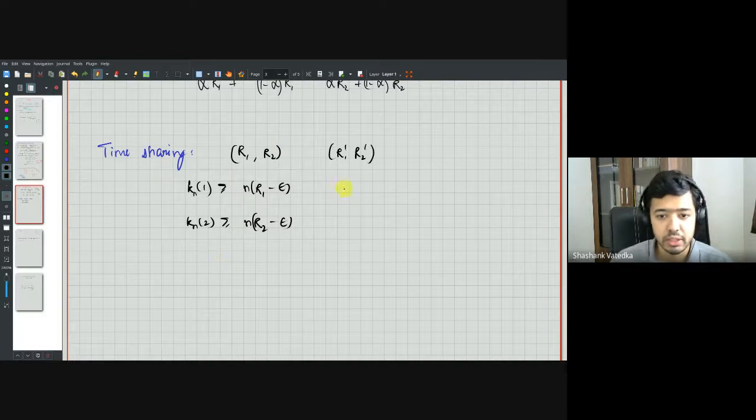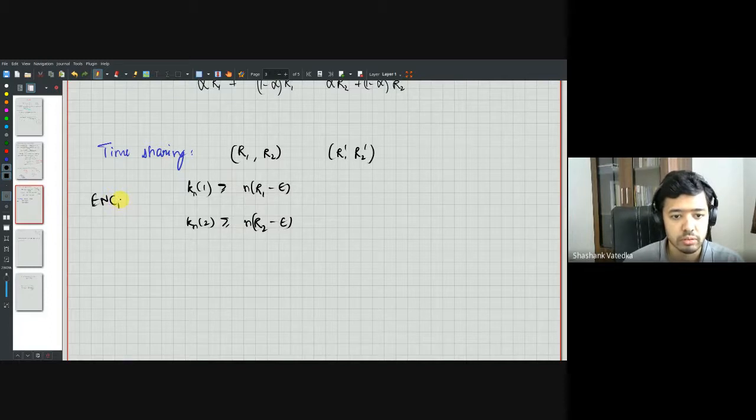So there is an encoder and decoder for both transmitters and receivers, which satisfies this.